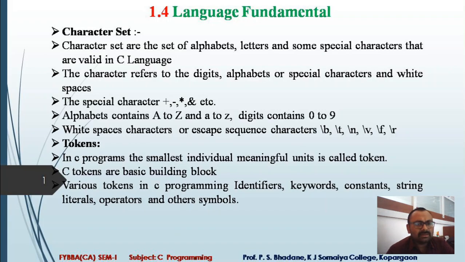Alphabets contain capital A to Z and small a to z. Digits contain 0 to 9. Some of the white spaces used in C programming are: backslash b, that is backspace, vertical tab backslash v, new line backslash n, backslash f for form feed, backslash t for horizontal tab and backslash r for carriage return.